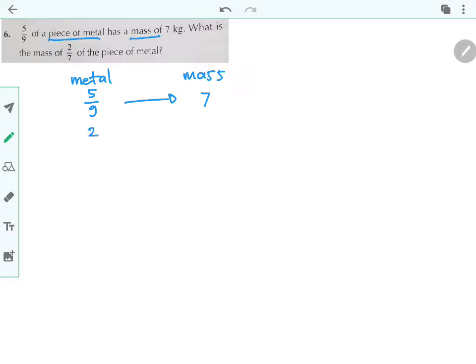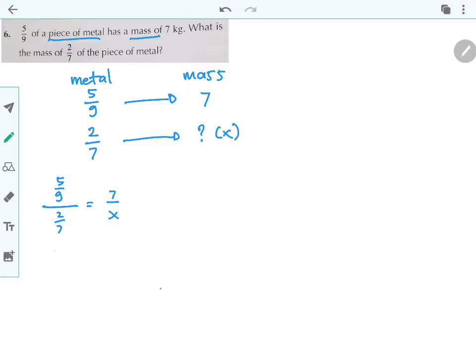And I have 2 over 7 metal, the mass is question mark, or in this case I'm going to use x. So 5 over 9 divided by 2 over 7 must equal 7 over x.